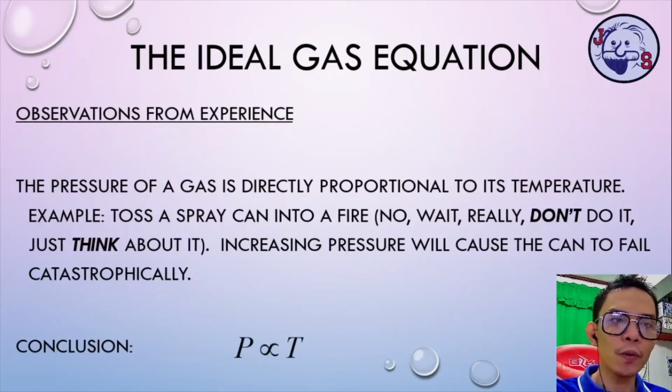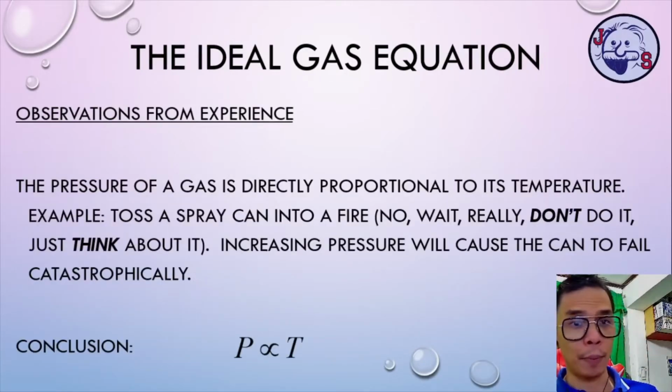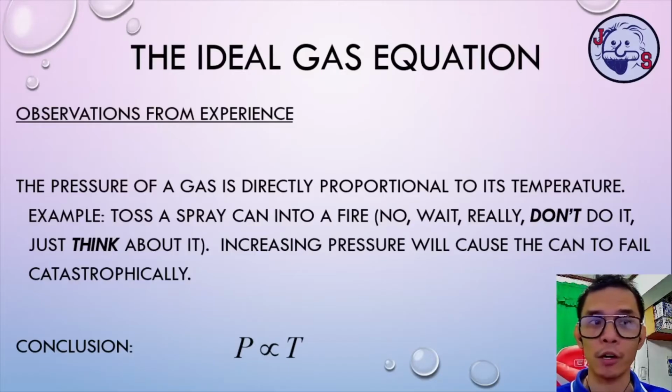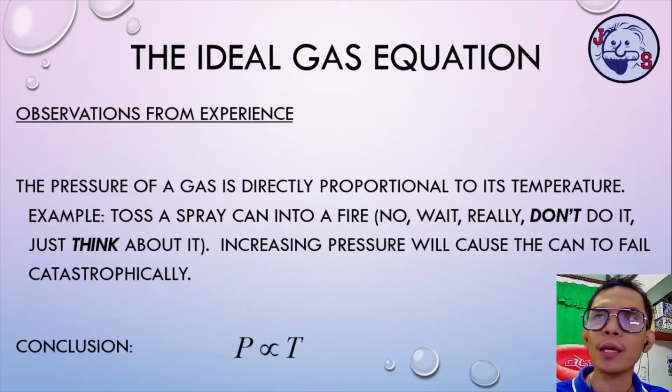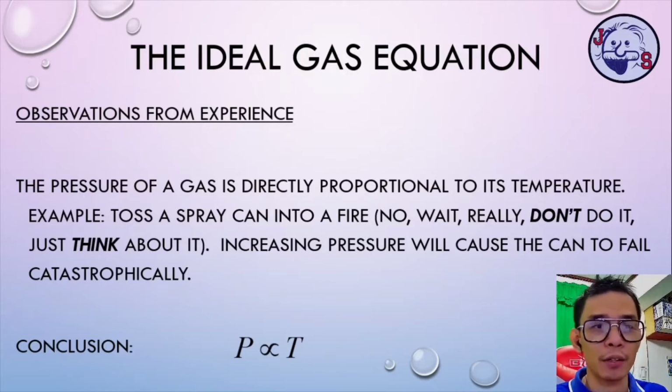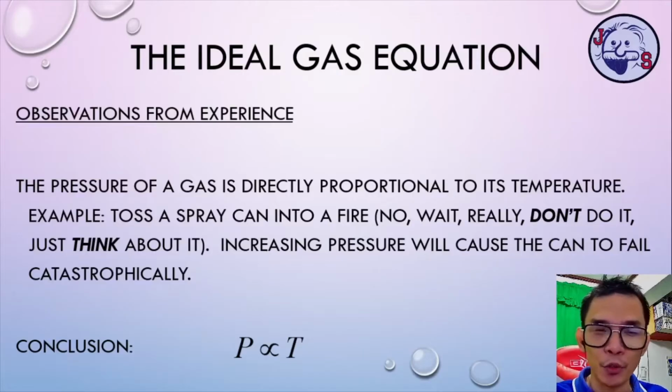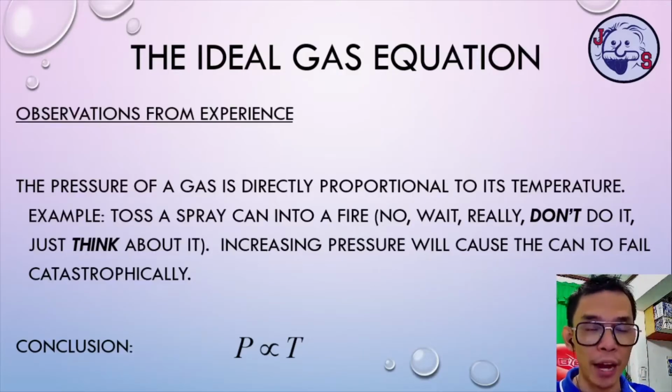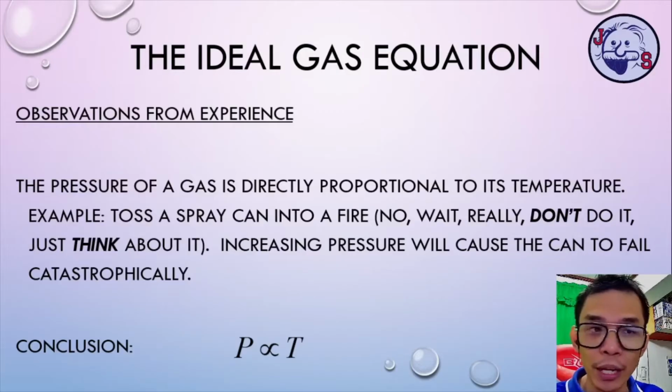Alright, more so, we have the pressure and temperature. So, this is Gay-Lussac's law. One very good example of this is the warning on the spray can. If you read the warning on the spray can, do not throw the spray can on fire. Why?